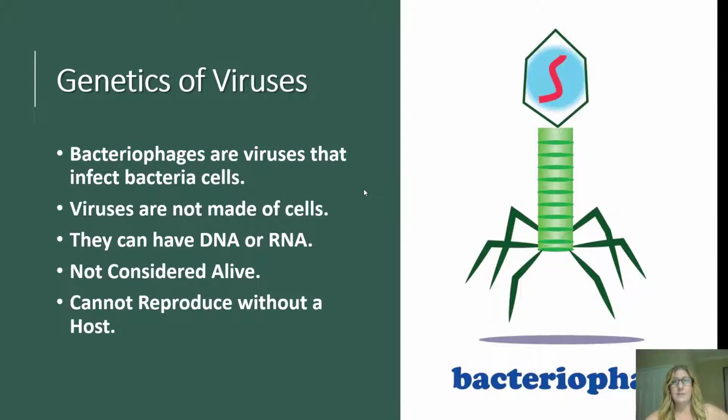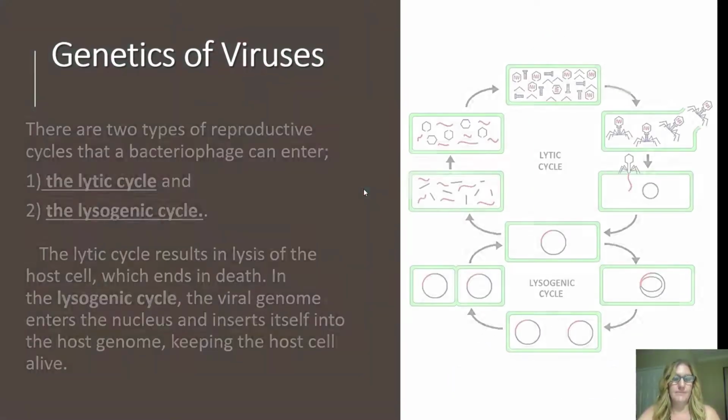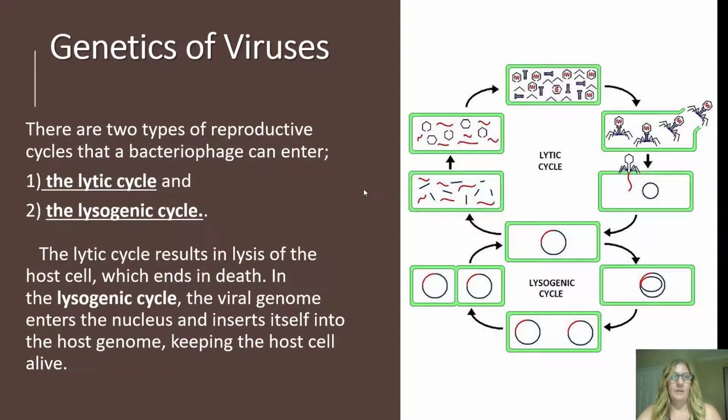It's kind of hard to think that they're not alive because they're pretty amazing, which we'll look at in just a moment. Also, they don't have the ability to reproduce without a host, so they are dependent on a host for their reproduction and all of their metabolic processes. Okay, so there are 2 different life cycles that viruses and bacteriophages can go through.